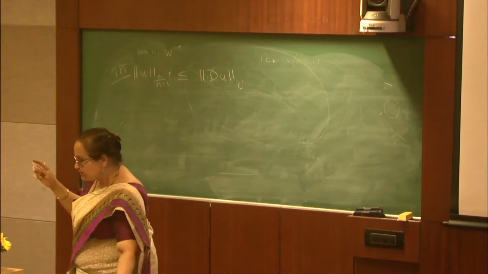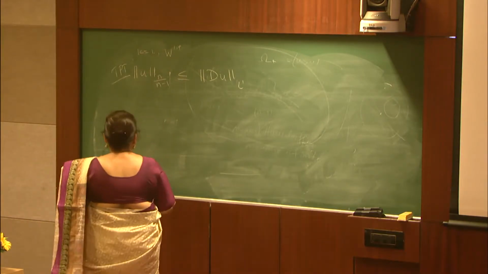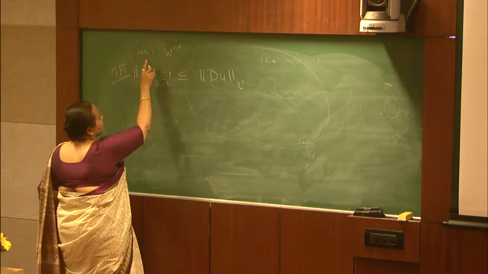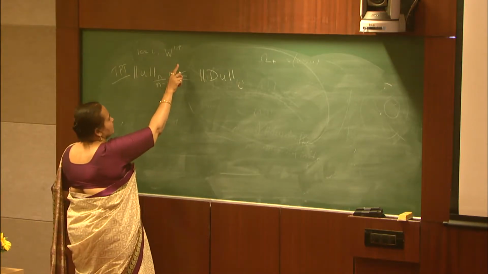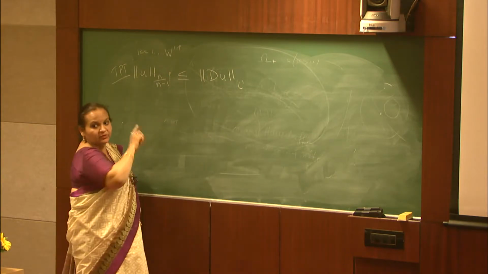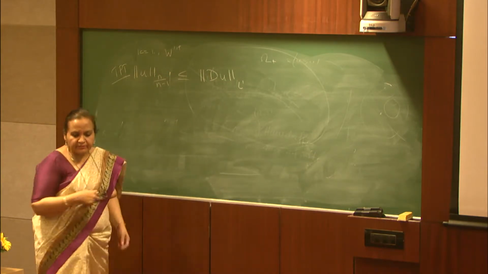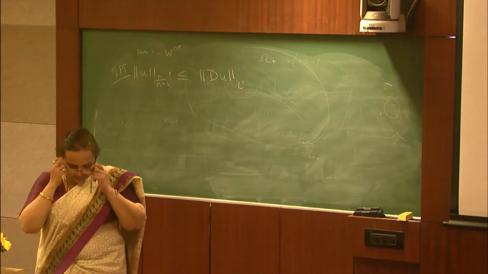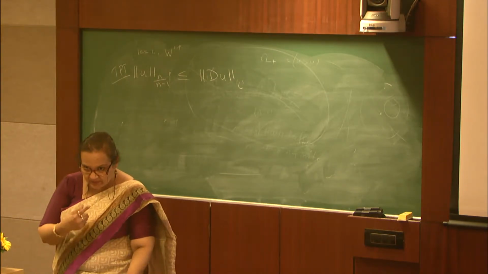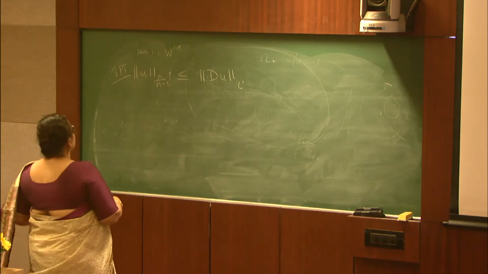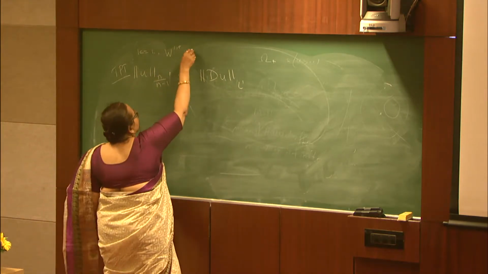So I was just saying that we will show for k equal to 1 and p also equal to 1 over here. That's what I'm just taking, a particular case.